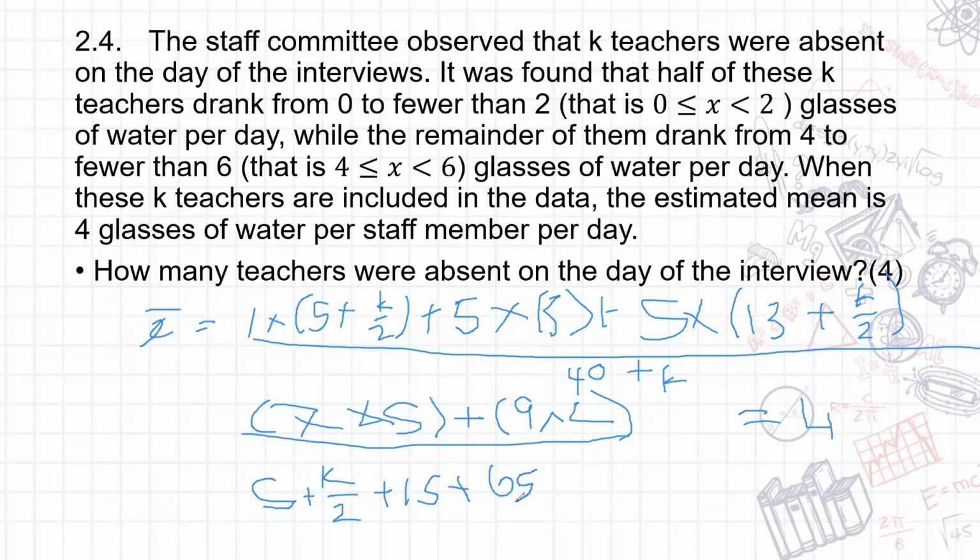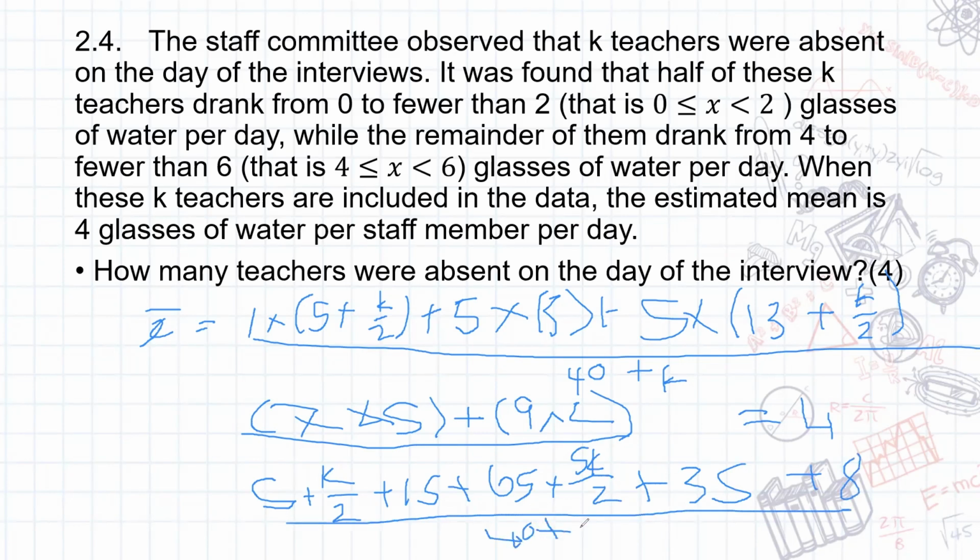Don't worry, I did check this on my calculator first. And then 5 times k over 2, so it's just going to be 5k over 2. And then 7 times 5 is 35. And 9 times 2 is 18, all over 40 plus k, which is equal to 4.